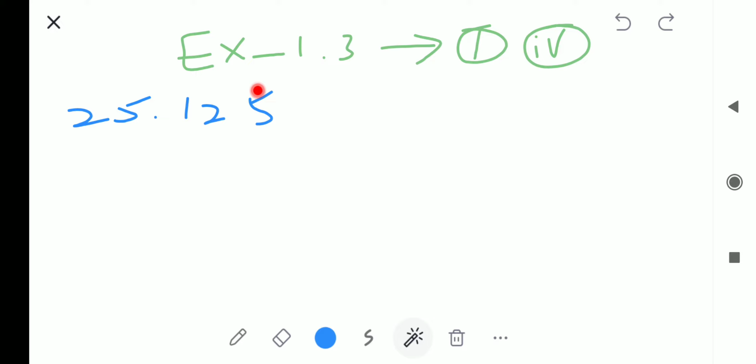If we want to write this terminating decimal into P by Q form, what should we do? We should remove this decimal point. If I remove the decimal point, what you can see on the screen is 25125. It should be written in the numerator.